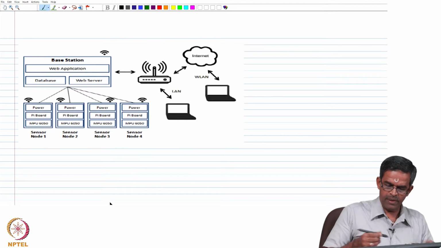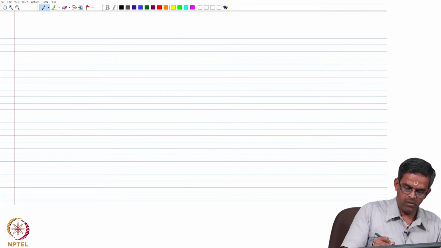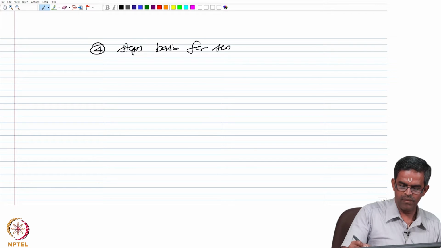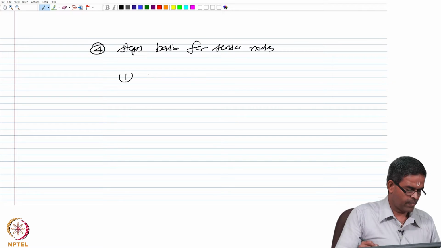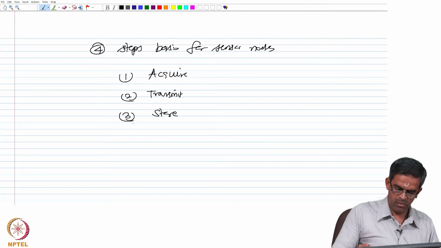Sensor nodes are implemented on a 4-step basis: acquire, transmit, store and report.